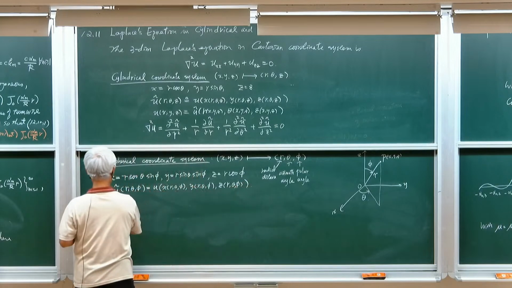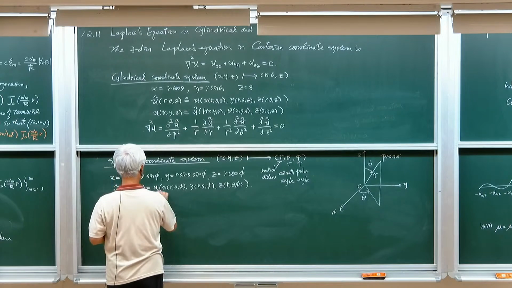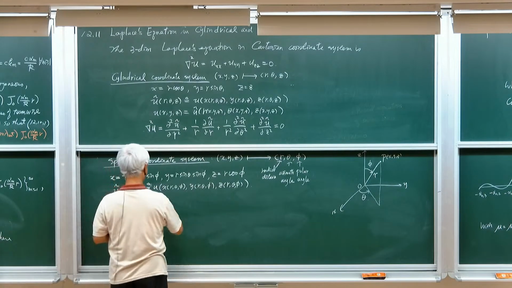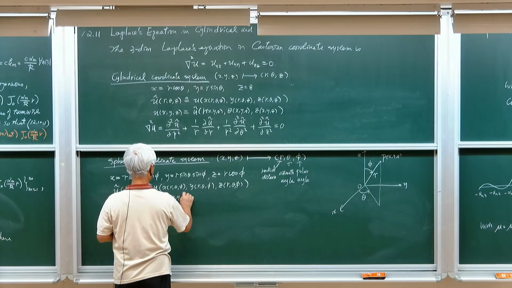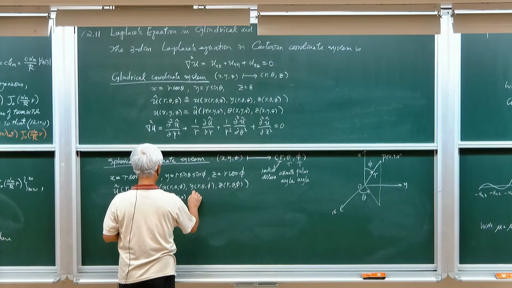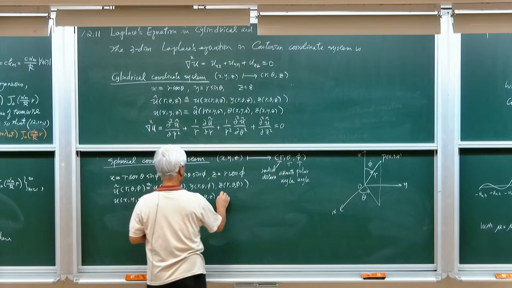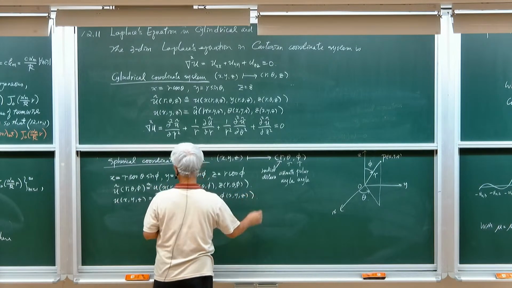Here u is a function of x, y, z, and u tilde is defined through x, y, z as functions of r, theta, and phi.